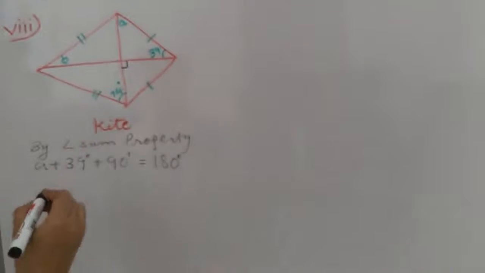So A plus 39 degrees plus 90 degrees is equal to 180 degrees. Okay. So next is A as it is. The sum of this is 129 degrees. So we get the value of A is equal to 180 degrees minus 129 degrees. That will be 51 degrees. So the A value we found here as 51 degrees as our answer.